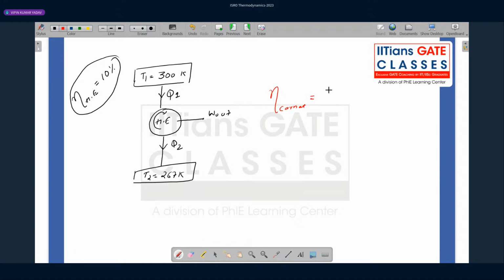So it is basically work output upon Q1, that is Q1 minus Q2 by Q1, or T1 minus T2 by T1, that is 1 minus T2 by T1, 1 minus 267 by 300.